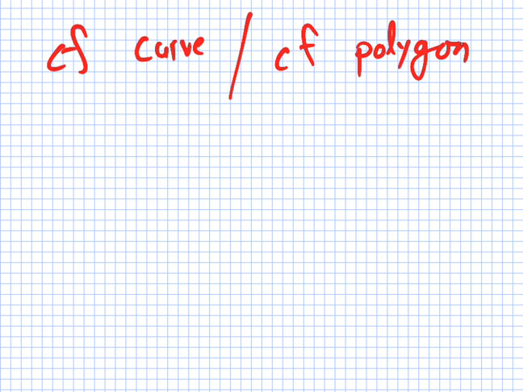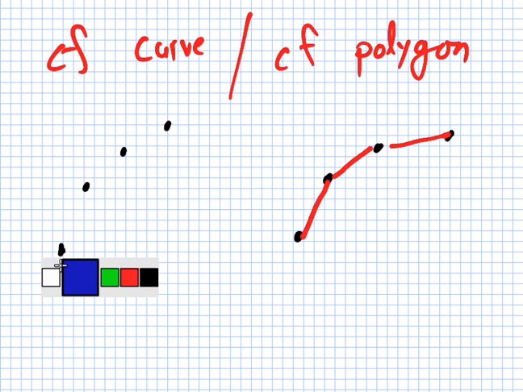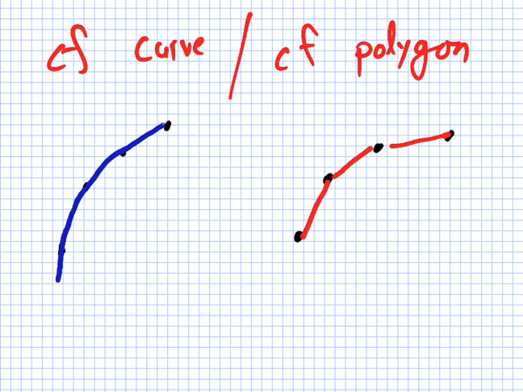And there's actually a small difference between the two. When it's a polygon, you draw it like this, like a line graph, with straight lines between each point. But when they call it a cumulative frequency curve, you draw it like this, with one single curve that goes through them all.